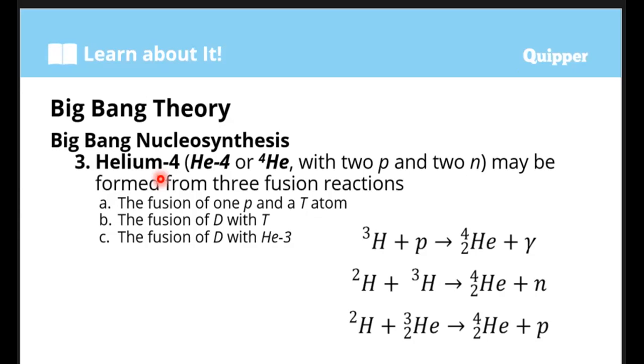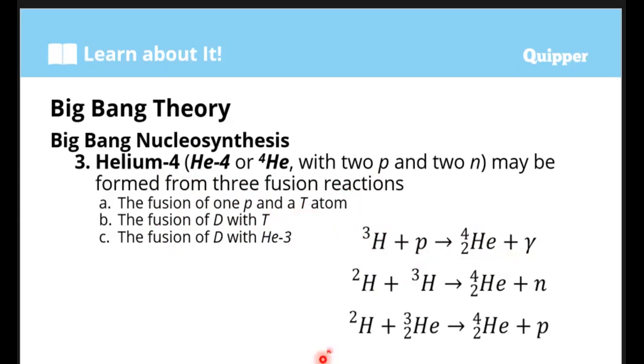Number one, the fusion of one proton and a tritium atom. So H-3 plus the proton is equal to helium-4.